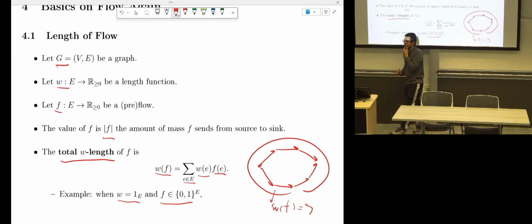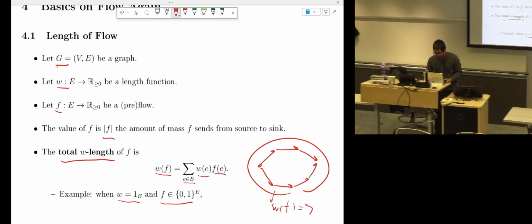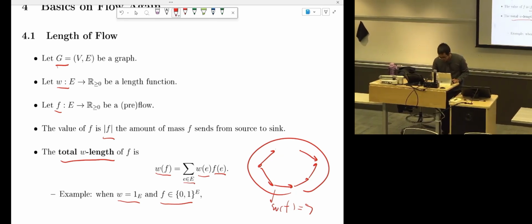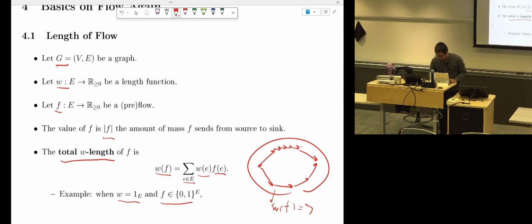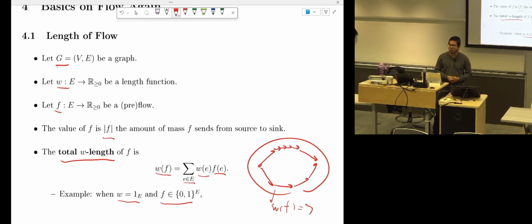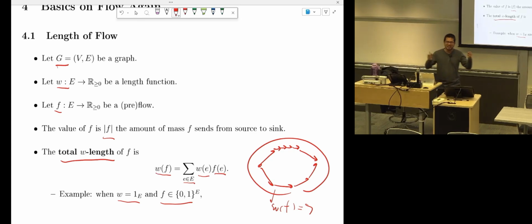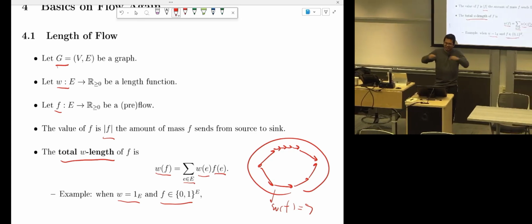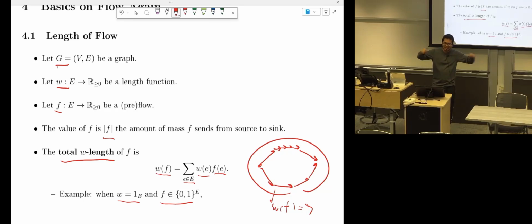If this is long, then that increases the total weight. So it measures how long it is in total, not just for one path. If it's just for one path, it's just the length of the path.